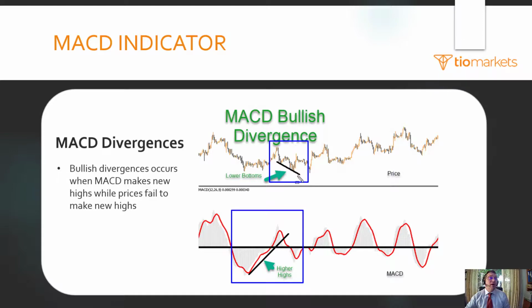So we've got a new high, prices fail to make a new high, and this gives us a bullish divergence. When you see this type of divergence, it's a good indication that the downtrend is now nearing an end, and that prices will then accelerate and go higher.